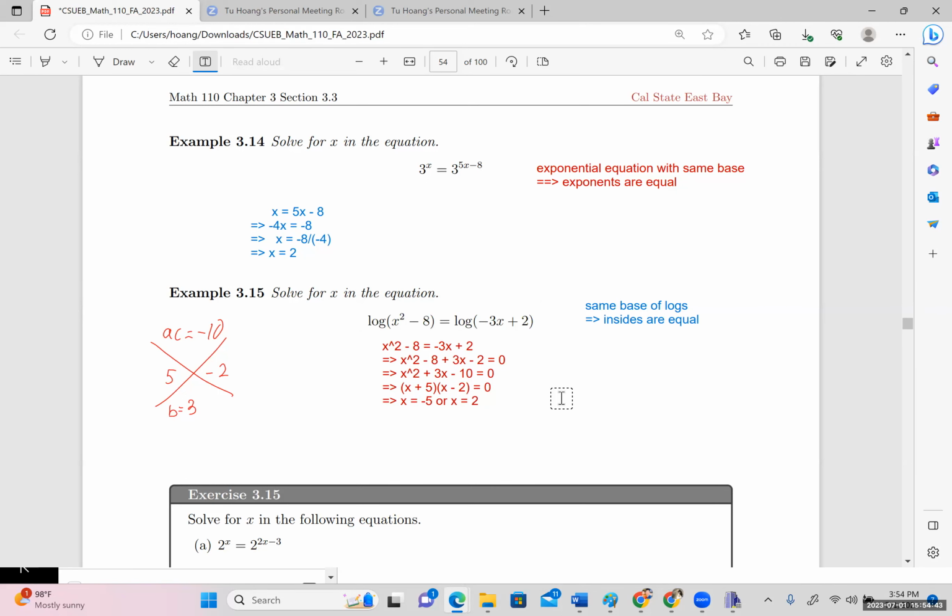However, we need to check the solution for a log equation. So how to check? You need to plug back the -5 into the equation and see if it works.